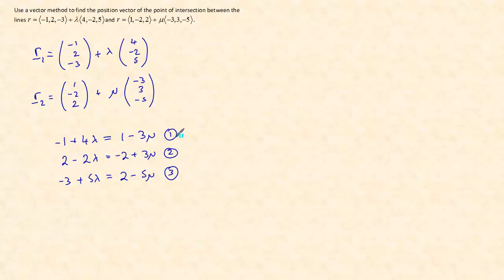Now, choose the first pair of equations because it's easy to get rid of mu. So if I do equation 1 add equation 2, that gives me 1 plus 2 lambda equals -1, and the mu's disappear. So 2 lambda equals -2, lambda must be equal to -1.